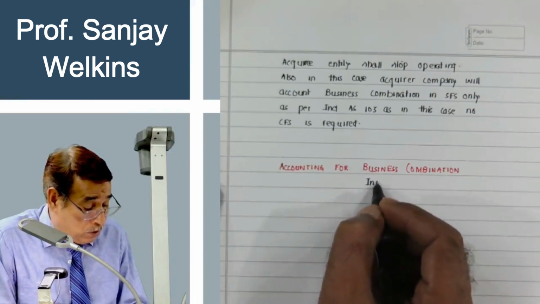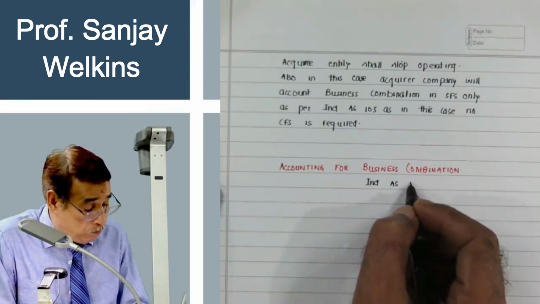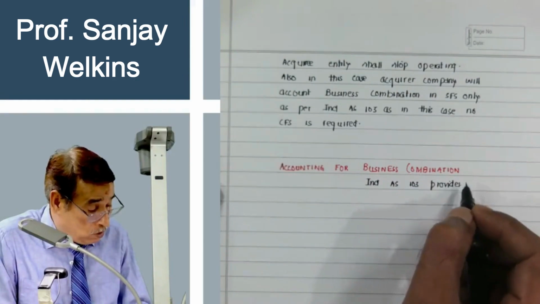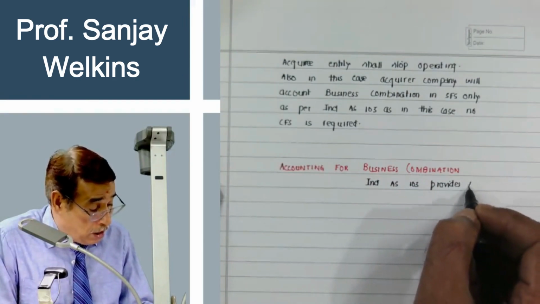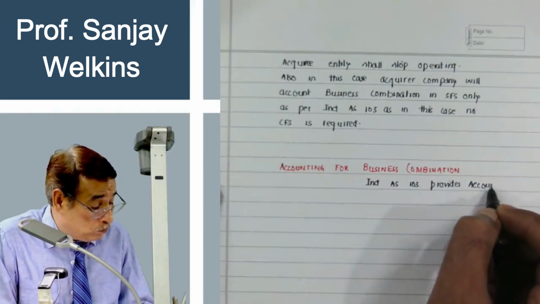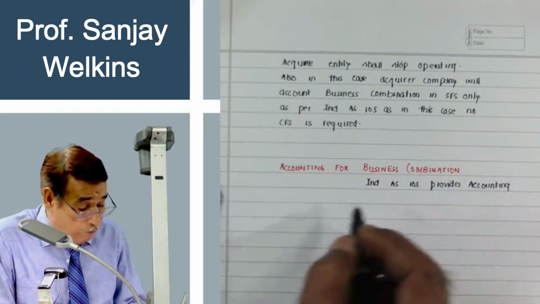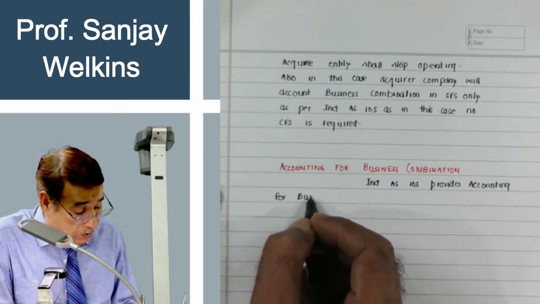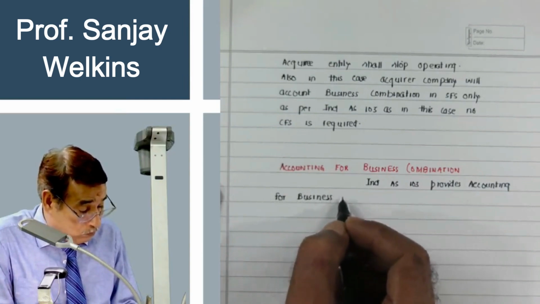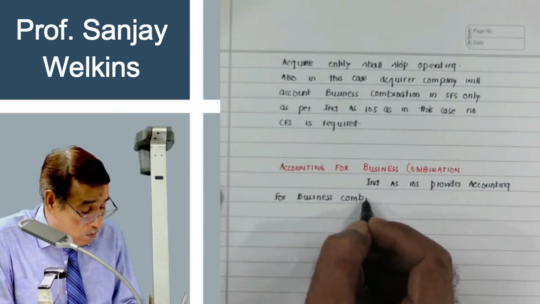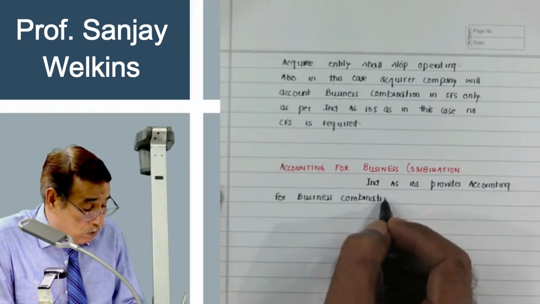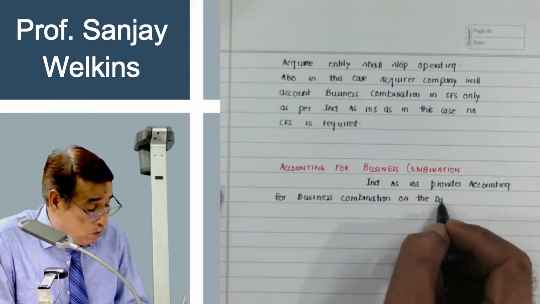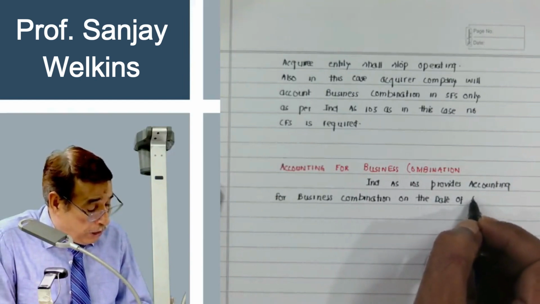Ind AS 103 provides accounting for business combination on the date of acquisition.